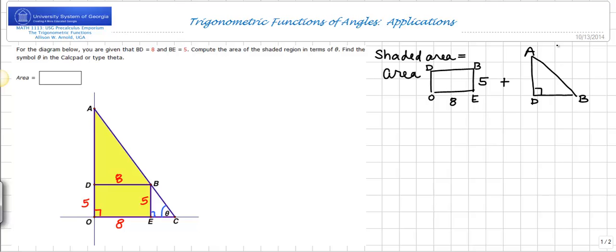Okay, and we don't know a whole lot about the triangular region except that dB is the value 8.